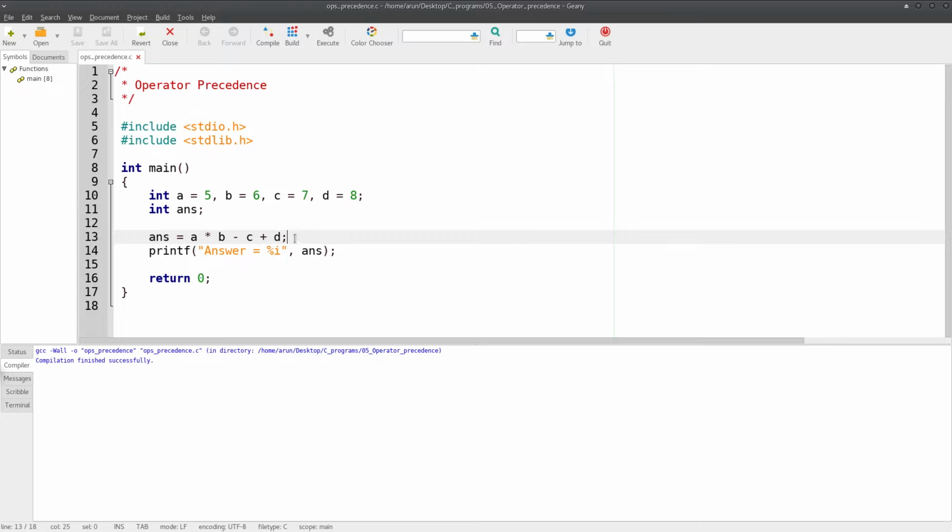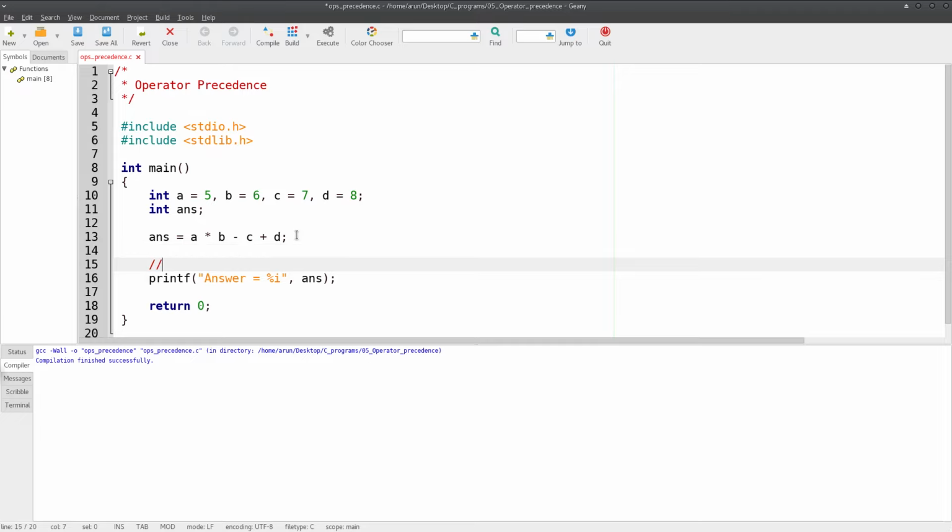In a statement like this, it tells which operation should be done first and which should be done next, and so on. So operator precedence in simple terms tells which operation should happen first.